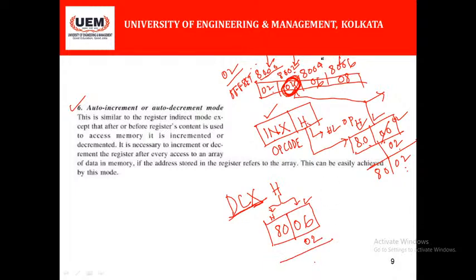Previous position 8004, current position 8006, the difference is 02. So 02 is the offset. If we subtract, we get the value 8004. So this is now the current value of the HL register pair. That means the HL register pair is pointing to the data 06 which is stored inside 8004. So DCX H is auto decrement addressing mode, INX H is auto increment addressing mode.